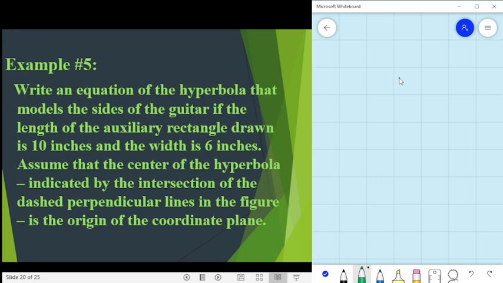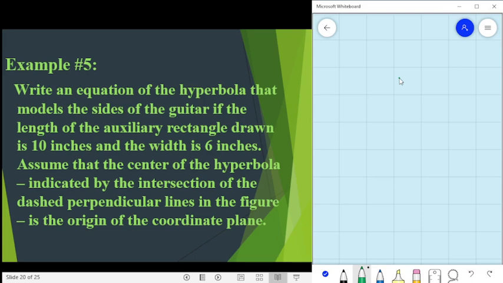If the length of the auxiliary rectangle drawn is 10 inches and the width is 6 inches, assume that the center of the hyperbola, indicated by the intersection of the dashed perpendicular lines in the figure, is the origin of the coordinate plane.